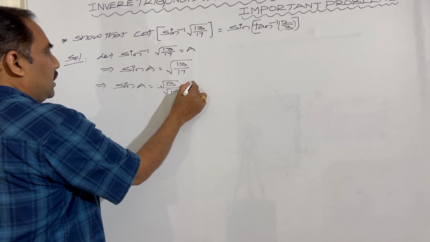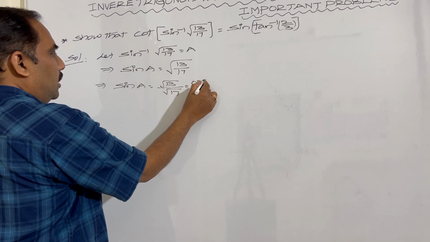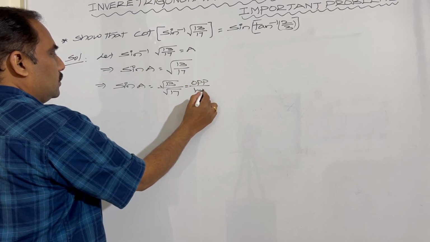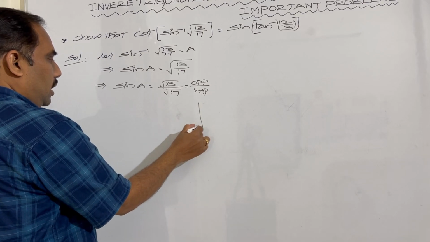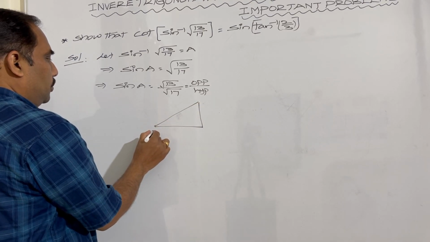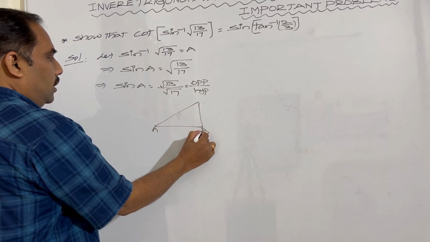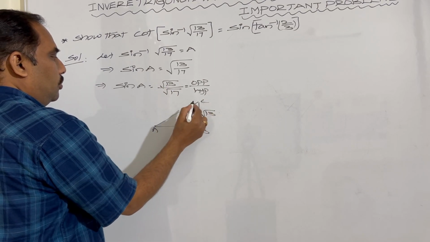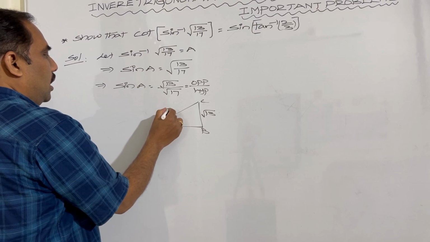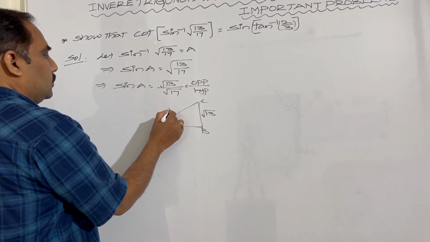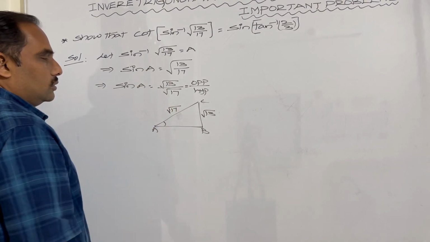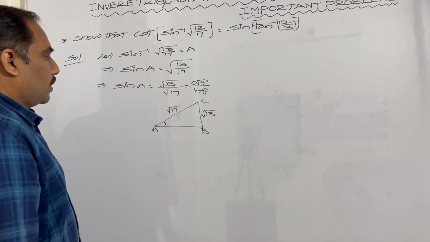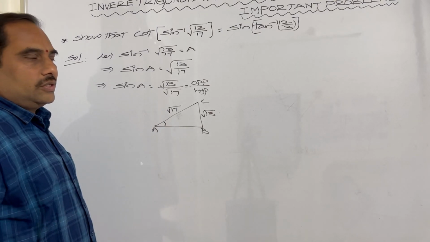We know that sine is opposite by hypotenuse. So if you take a right angle triangle ABC, the opposite is root 13 and the hypotenuse is root 17. Now we have to find the adjacent.